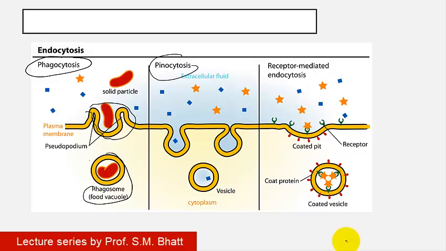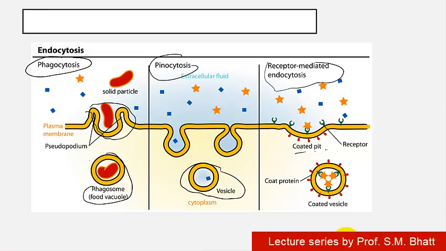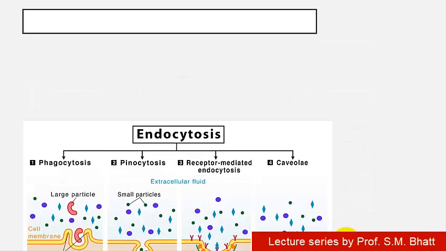Pinocytosis is when liquid is packed into a membrane vesicle. And when a receptor is involved in catching antigens, and they are coated by a special protein called clathrin, we will study that. It's also called receptor-mediated endocytosis.